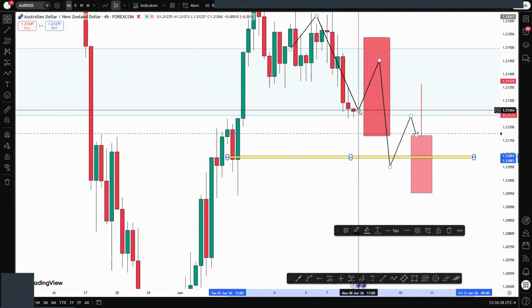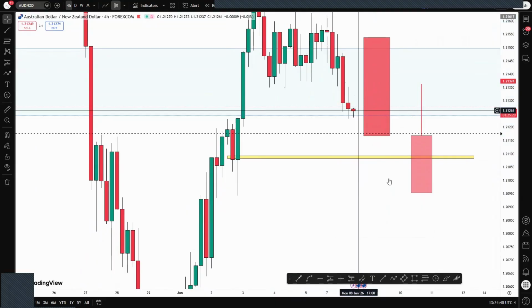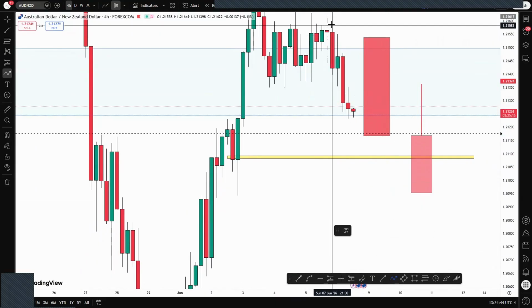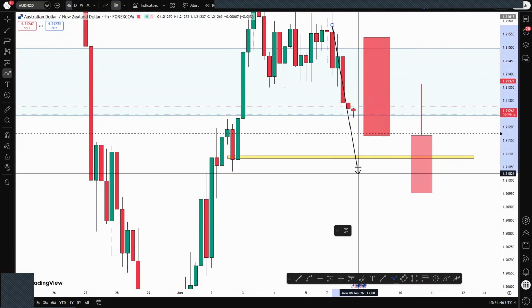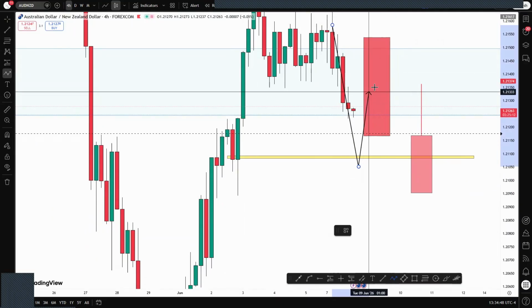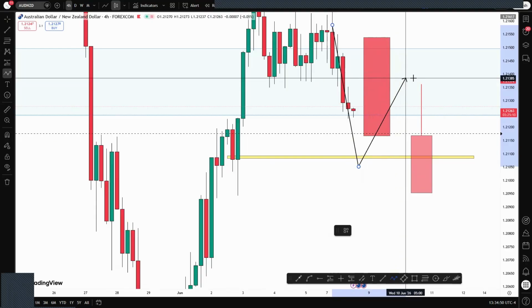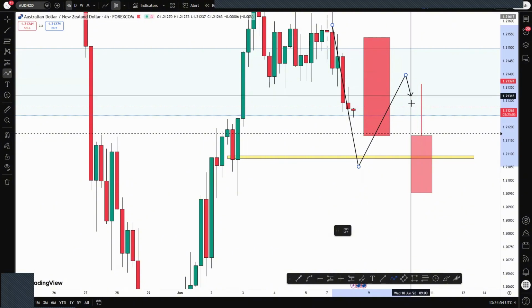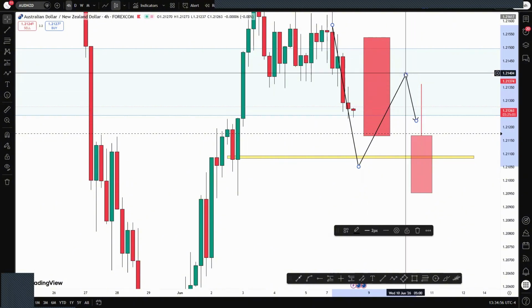If it will shift aggressively from this point without any retest, I'll still be waiting for price to drop back inside this level and then give us an entry signal.